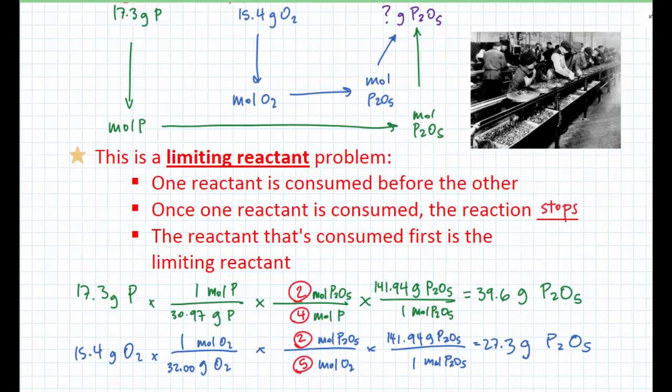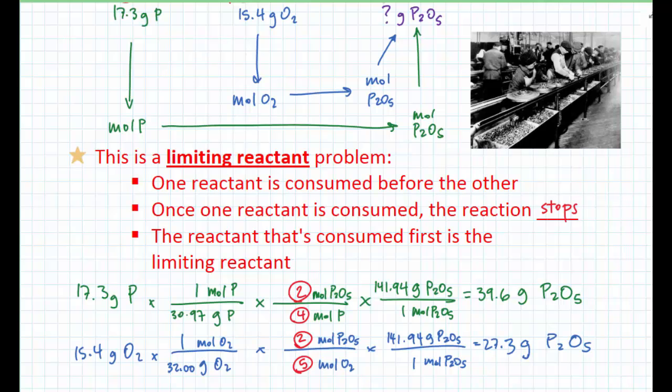So to think about how this works, we can use another analogy, like a cooking analogy. Say you're making pancakes, and the recipe calls for, I don't know, a certain number of eggs, so many cups of flour, so much water, so much oil, right? So different numbers for all those things.